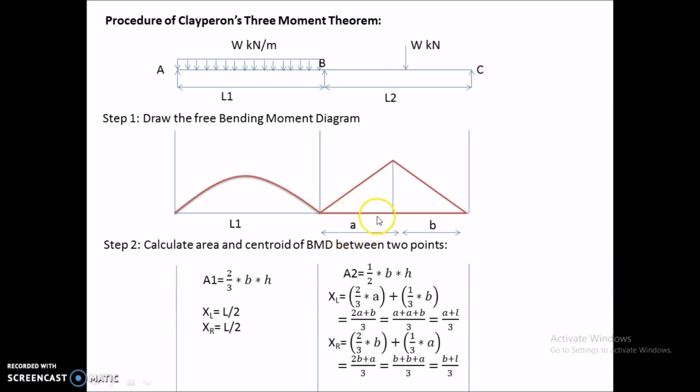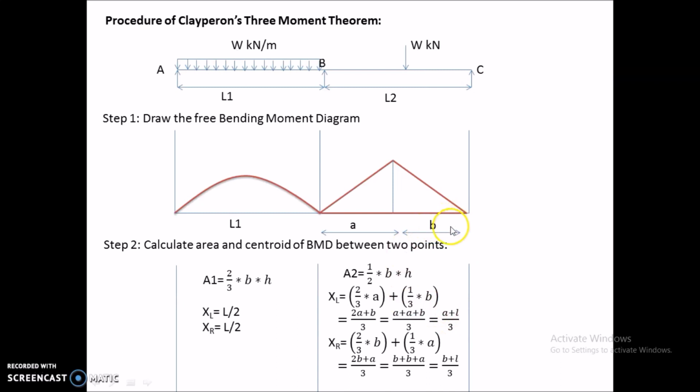And coming to this part, it will be plus 1/3 of this length, that is B. So by adding this 2/3 of A plus 1/3 of B, it will be (2A plus B) by 3. By dividing this, I can write it as A plus (A plus B) by 3. We know that A plus B is equal to L. So finally XL for this triangle will be A plus L by 3.